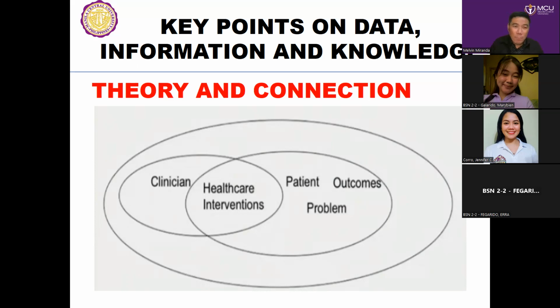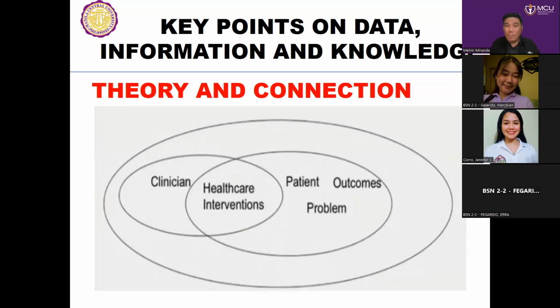So these are very important: the theory and connection on how the nurse is connected with the specific information needed for health interventions, and how the nurse is connected with the patient outcomes. That's why this is simply the principle of nursing care management or nursing care plan.